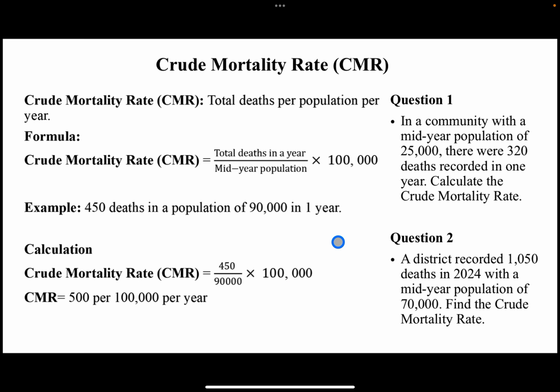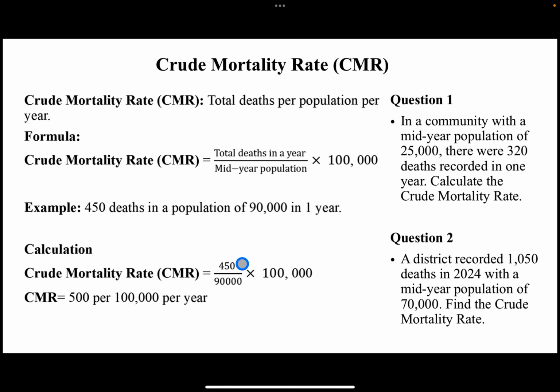One thing about calculating all mortality rates is that you always multiply by 100,000. The moment you hear you are going to calculate mortality rates, you definitely multiply by 100,000. That is one of the tricks you can use. The moment you hear you are going to calculate morbidity rates like prevalence and incidence, you multiply by 1,000.